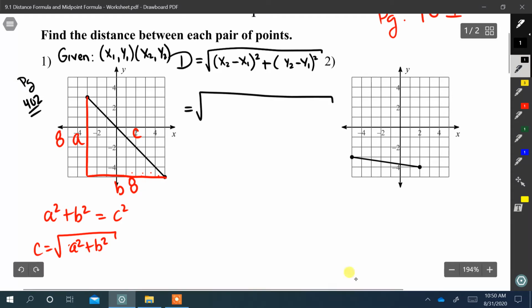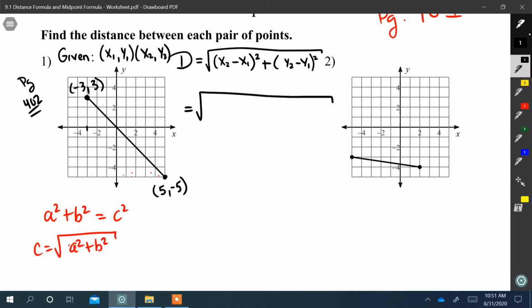So let's identify our points that we have in here. My first point that I have is -3 and 3. And then my other point looks like it's 5 and -5. So I'm going to plug that into my formula.